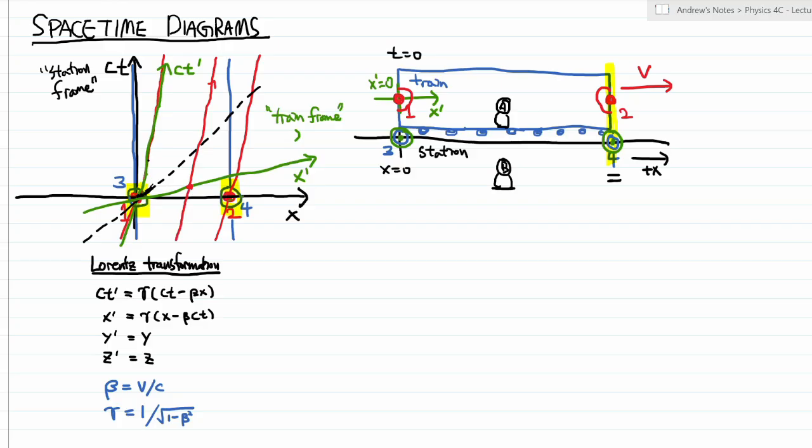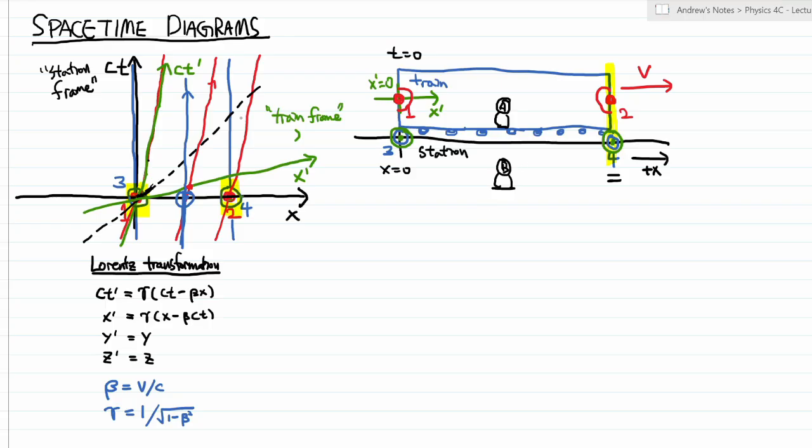Bob would be standing at the midpoint between points number 3 and 4 and stay there for all time. So his world line would look like a vertical line on our spacetime diagram. And the way it's set up, the crossing of Alice's and Bob's world lines also happens at time equals 0. That's the only way the setup makes sense.